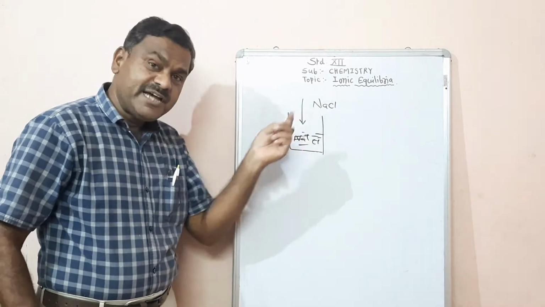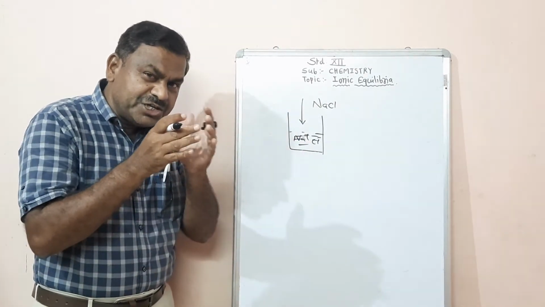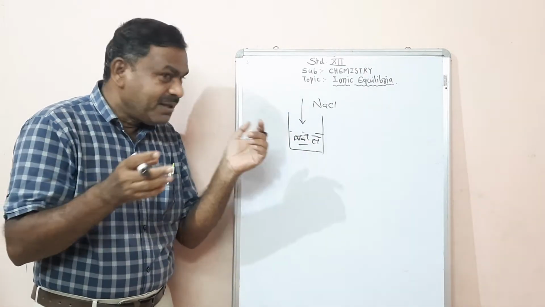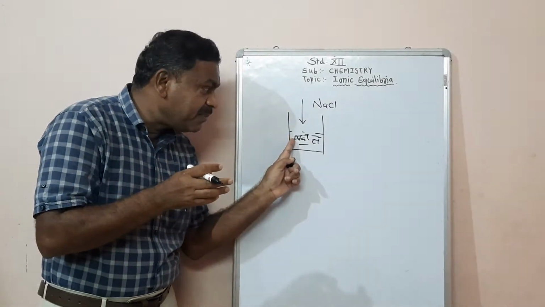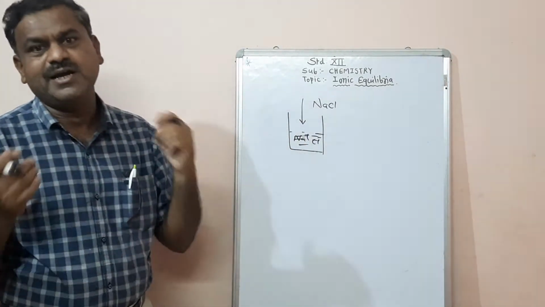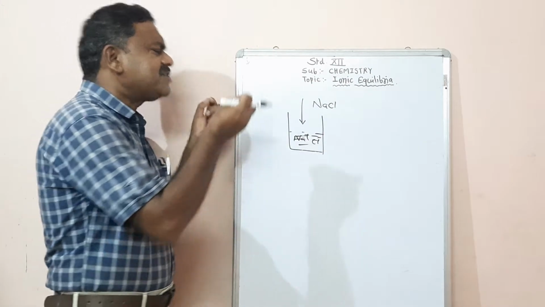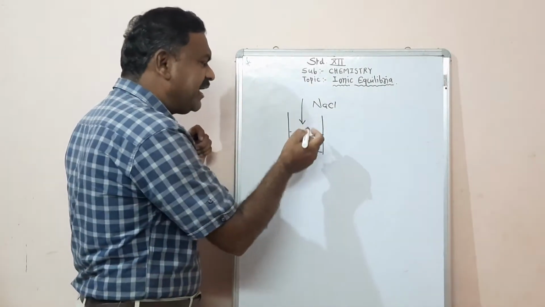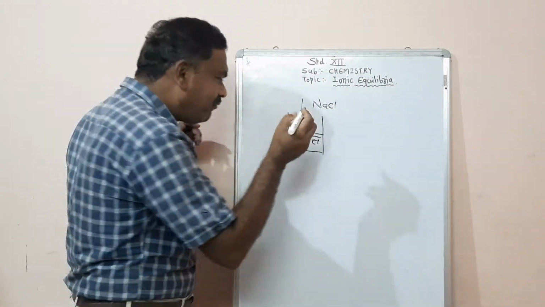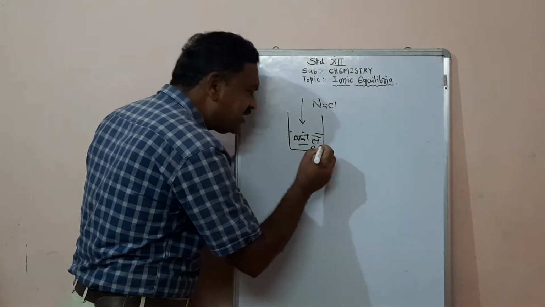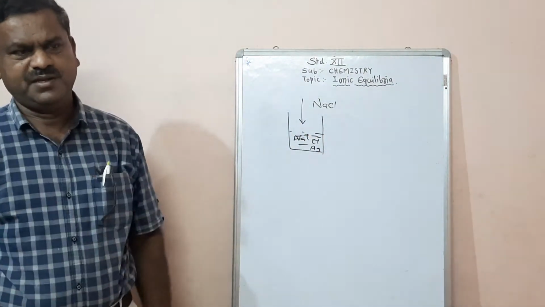That means NaCl dissociates into Na plus and Cl minus ions, and some amount of NaCl remains. Suppose we also add Ag.